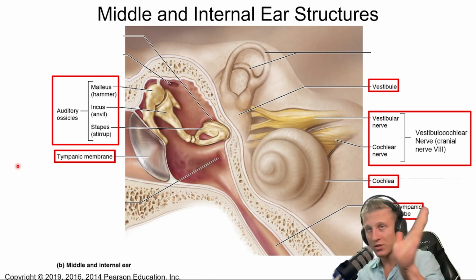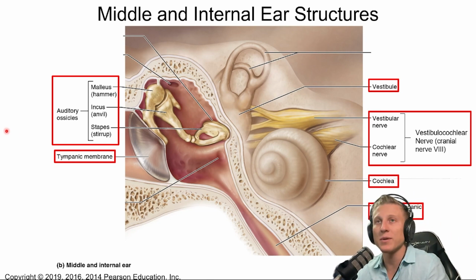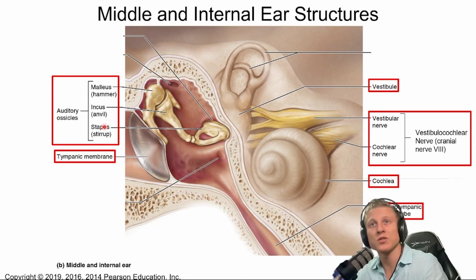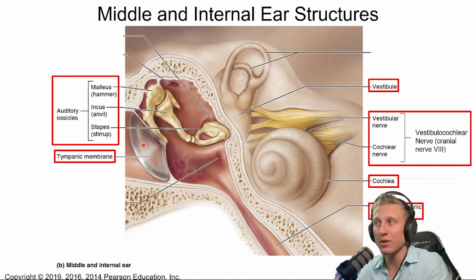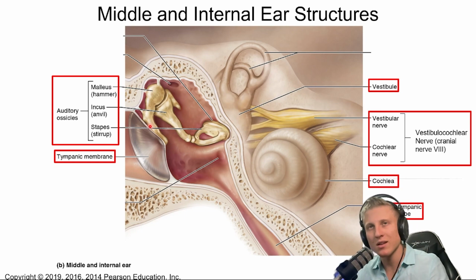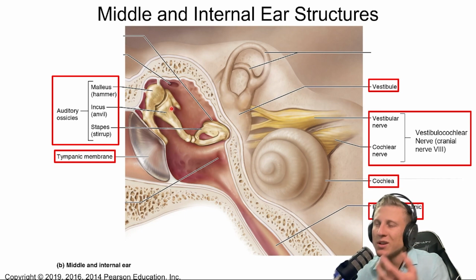Those wave oscillations will cause an impedance within the air environment. Those impedances will eventually make their way through the air and interact with our tympanic membrane, otherwise known as our eardrum, right? Our eardrum will absorb those signals and then transmit them through a sequence of these three bones, which are the malleus, the first one, shaped somewhat like a mallet, hence its name. The incus, which is shaped kind of like an anvil.